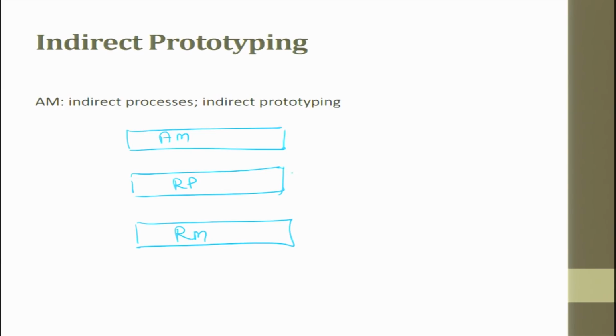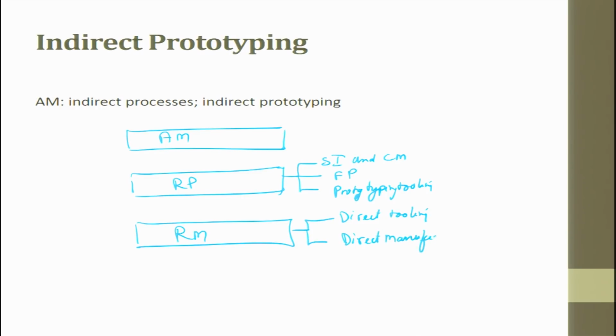Here we have solid imaging and concept modeling, we have functional prototype, we have prototyping tooling, we have direct tooling, and we have direct manufacturing, and these two put together form rapid tooling.